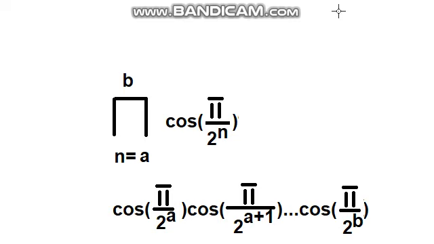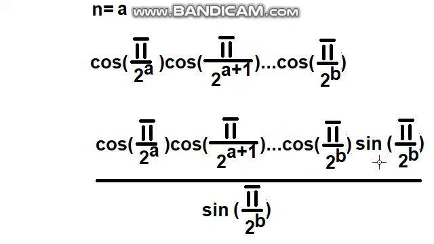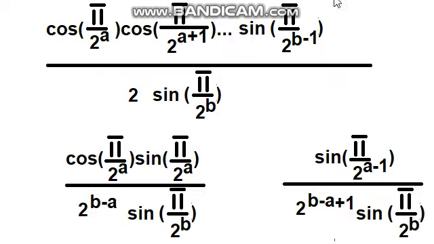And then we will have something like this. This goes into sine of pi over 2 to the b minus 1, and so on, and this goes up until only 2 terms are left. This 2 gets some power, and we are left with sine of this small angle.